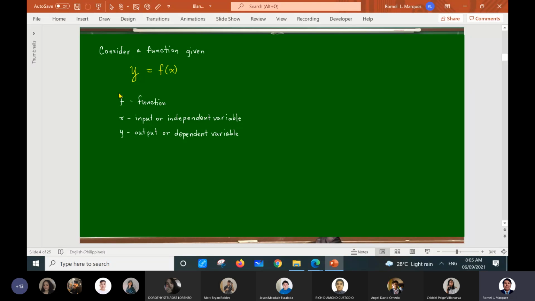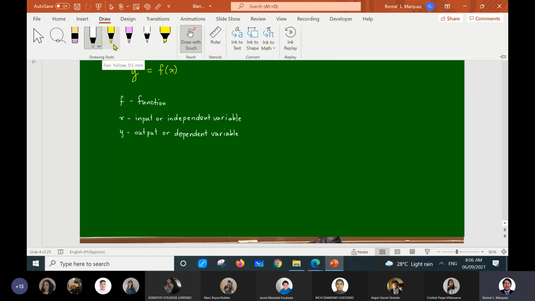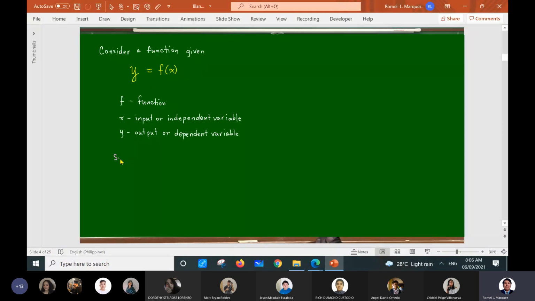We call these set components of any function. What are they? Domain and range.